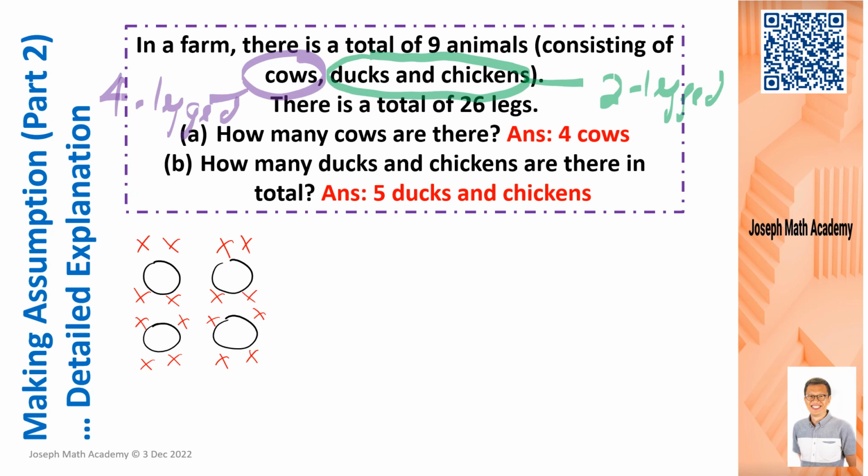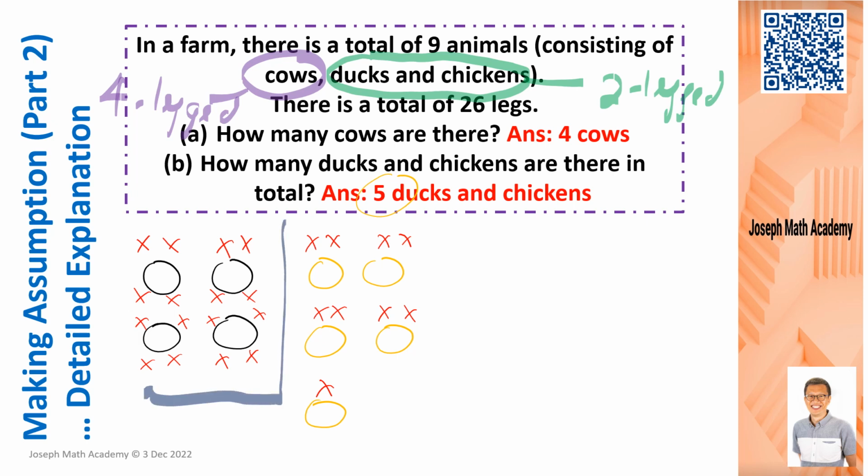There are 5: 1, 2, 3, 4, and 5 two-legged animals. Let me present it clearly for you to see. This part belongs to the four-legged, and this part belongs to the two-legged.